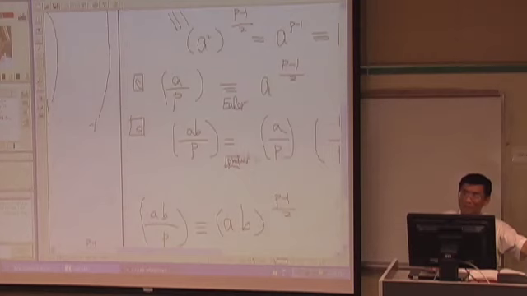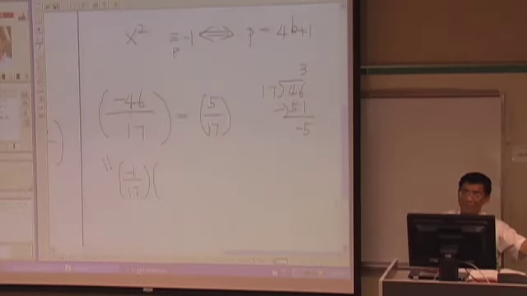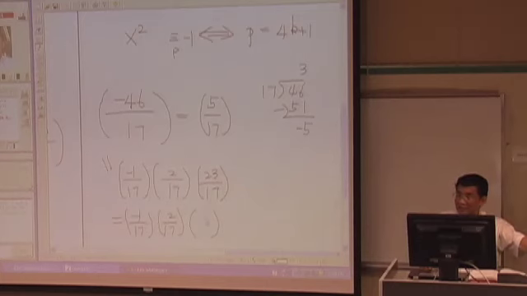By the product property, we can break this up. So 46 is -1 times 2 times 23, right? And then 23 o'clock, by the congruence property, is the same as what o'clock? 6 o'clock, right?